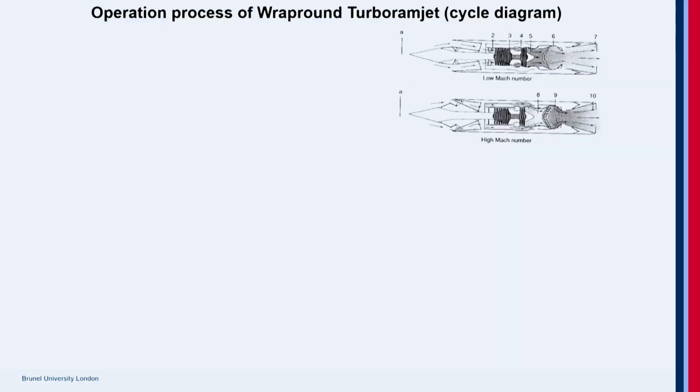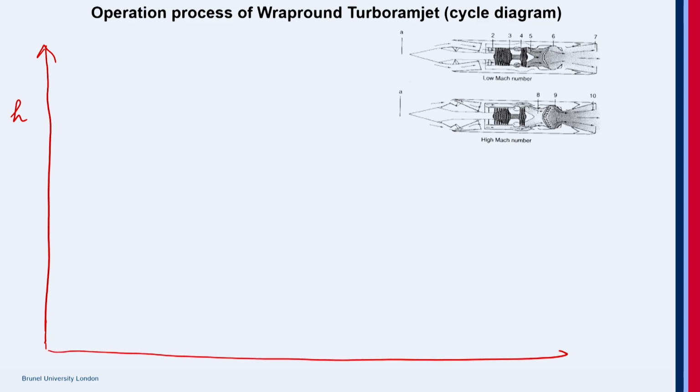Now let me draw the cycle diagram for this wraparound turbo ramjet. So let's have enthalpy on the y-axis, and here is the entropy. Now let me start with a low Mach number operation and the perturbed free stream condition here.